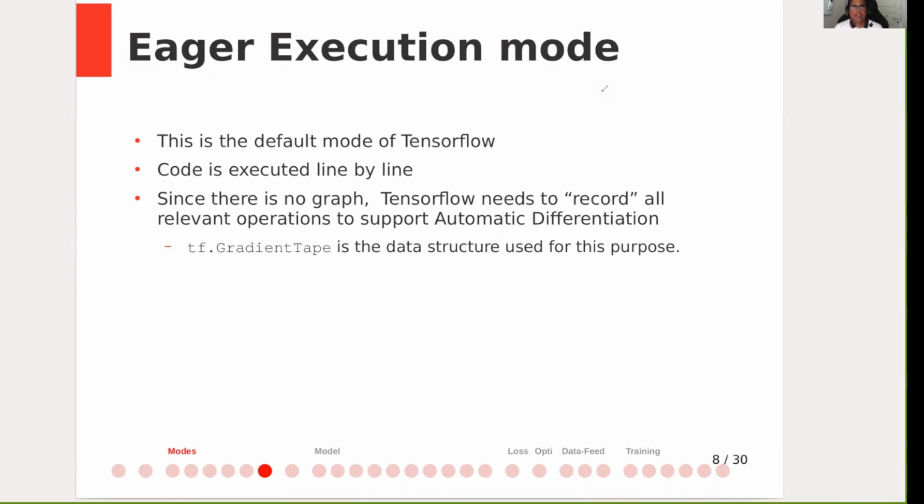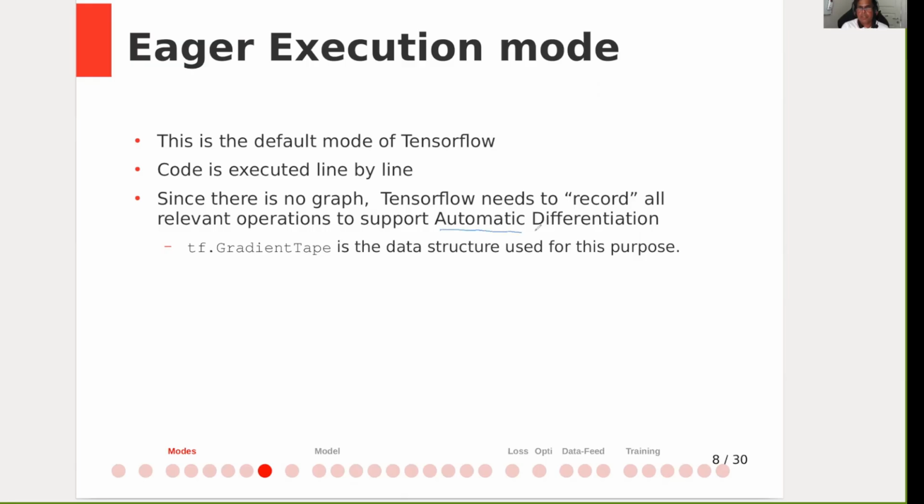A little bit about the eager execution mode, which is the default mode of TensorFlow. In this mode, code is executed line by line, exactly as in plain Python or any other programming language. Since there is no graph, TensorFlow needs to record all relevant operations in order to support automatic differentiation.